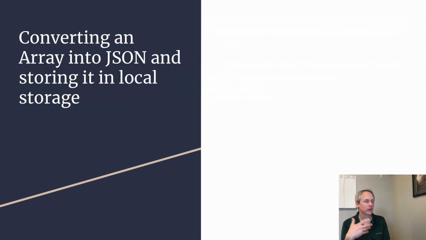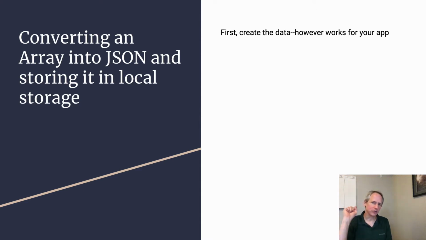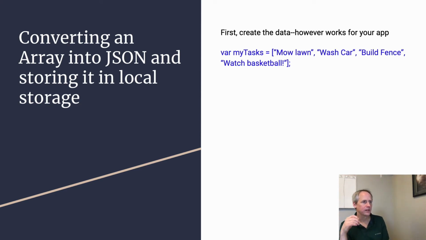So let's work on converting an array into JSON and store it in local storage. First thing we're going to do is create the data. That depends entirely on how it works for your app. You can have a text box that users are entering things into. You can be grabbing information from external websites, whatever it happens to be. In this case, we're just going to set it up. var mytasks equals an array that includes mowing the lawn, washing the car, build the fence, and watch basketball.